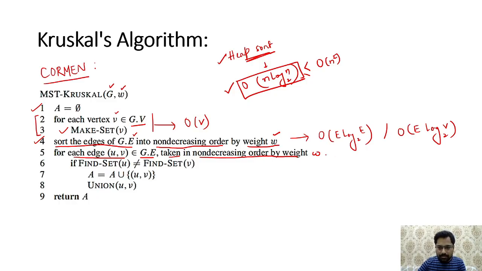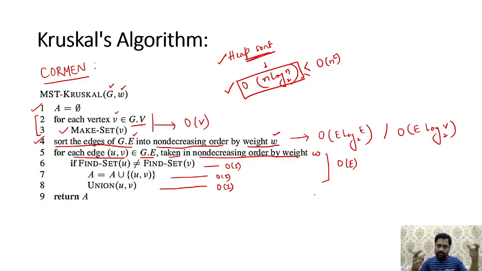Based on the edges, the if condition is O(1), and the statements inside are also O(1), meaning one time each inside the loop, but the loop will run O(V) times, or O(E) times, because it depends on the number of edges we are counting.